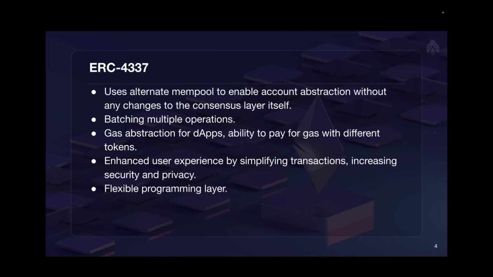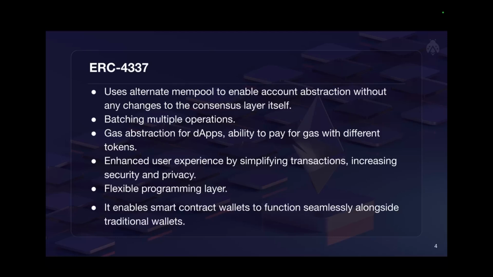With 4337 in place, it gives you a flexible programming layer, that being your smart contract wallet itself, wherein you can add your own logic and define how you want your smart contract wallet to work. Also, it's not like it cannot work with traditional wallets alongside. It is completely backward compatible as well. It can work with traditional wallets too.